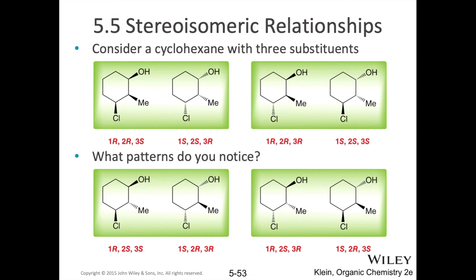So this is not the same example as back there, but here we have 3 different substituents, right? And you can see some different examples here of the different groups pointing towards you and pointing away from you, or pointing up or down, depending on how you look at it. And so you can see that here, when you flip all 3 chiral centers, here we have up, up, up. Here we have down, down, down, right?